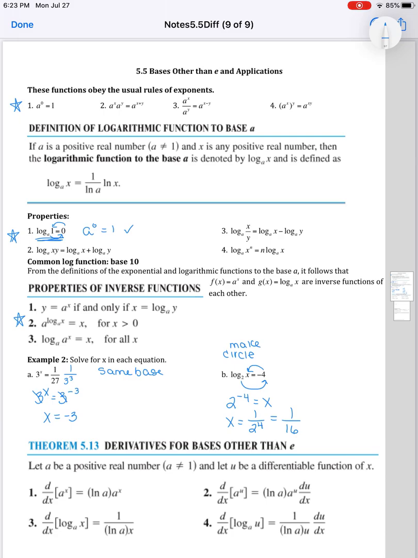Well, 2 to the negative 4 would be 1 over 2 to the fourth, which would be 1 over 16. So my final answer would be 1 over 16. So when you have a log, you want to get it into the same base. I can go over that here and just reiterate that. If I were to make a circle here, a to the 0 is equal to 1, and that is a true statement because anything raised to the 0 is always equal to 1.